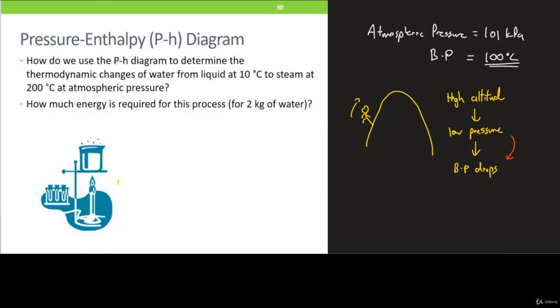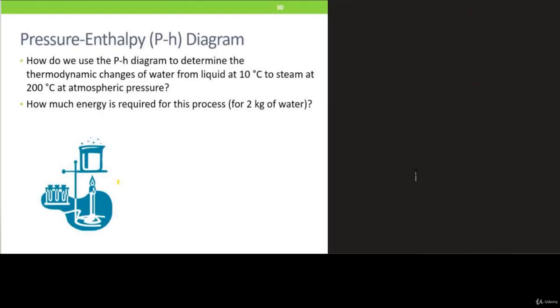So, what do we need the pH diagram for? What can it tell us? We can calculate the amount of energy we need to convert water at a certain condition into steam at another condition. So let's use an example.